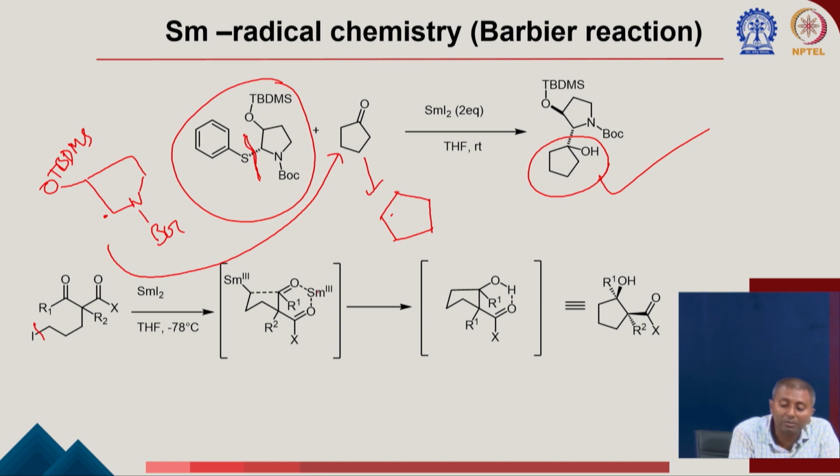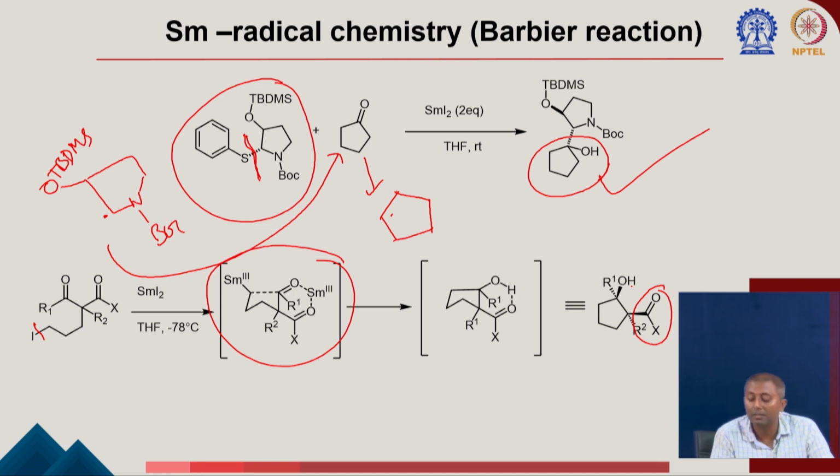And once it is adding to the carbonyl group, you can see it is going through some sort of a chelated transition state here, and then it is forming this corresponding alcohol. So the important thing is, once you have this other carbonyl group, which could be an ester, then the samarium is going to bind with that in the corresponding transition state, making sure these two oxygens will be on the same side. So this OH and the carbonyl group will be on the same side. So that will be the product of the reaction after taking a proton.